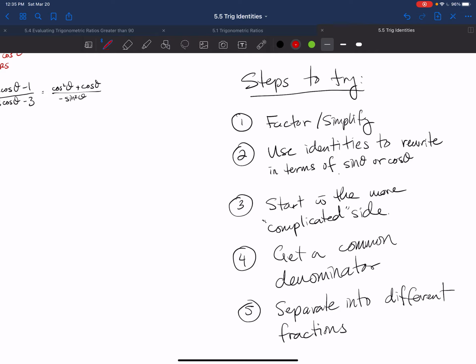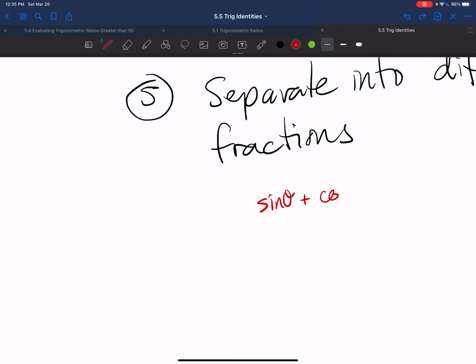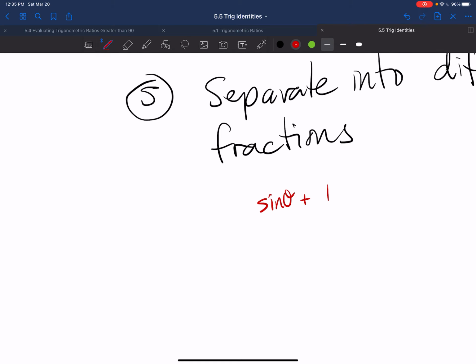So for instance, I'm going to erase this in a second, but let's say you had sine theta plus 1, and that was over cos theta. Well, I could separate this into sine theta over cos plus 1 over cos theta.